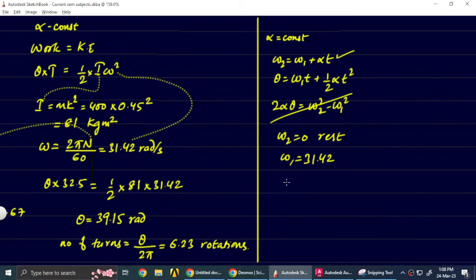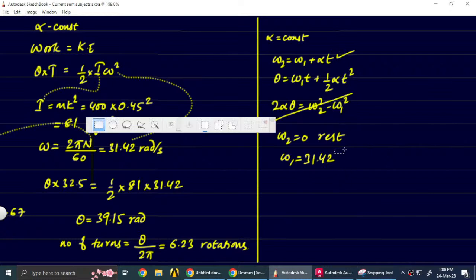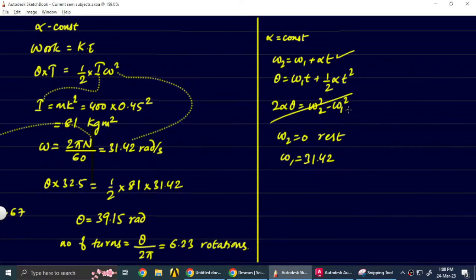So this has become a bit more complex. Alpha and t are both unknowns. So first I think we'll have to find the value of alpha, then substitute it here in order to get the time. So we have to use the third relation. I had assumed that we won't be needing the third relation, but it turns out this is the first relation we have to use.